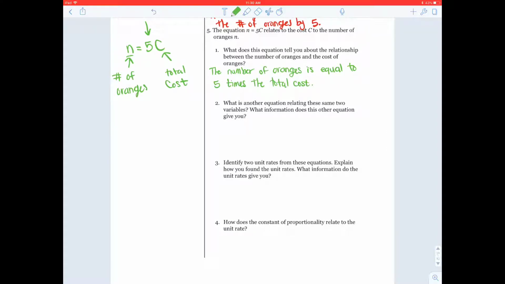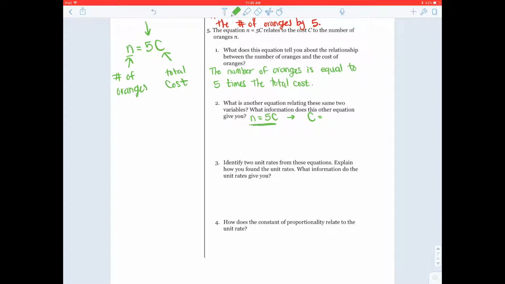Okay, so what is another equation relating these same two variables? Well, we started with n equals 5 times c. I want to write an equation that says something like this: c equals. What would c equal here?